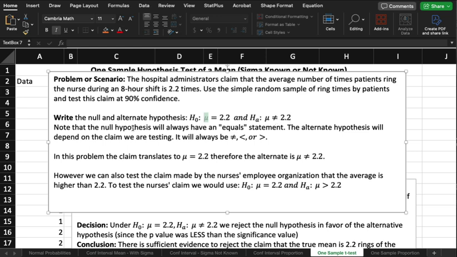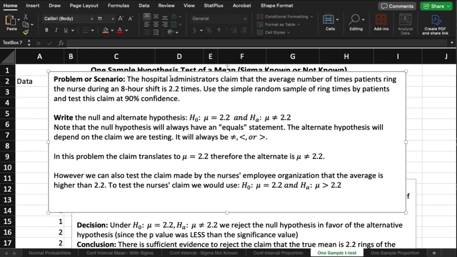What I want you to understand is that the null hypothesis always represents the status quo. It's always going to use an equal sign. It will never use a sign other than an equal sign. The alternate hypothesis will depend on the claim. So you have to read the problem and decide whether the claim is actually just represented by the null hypothesis.